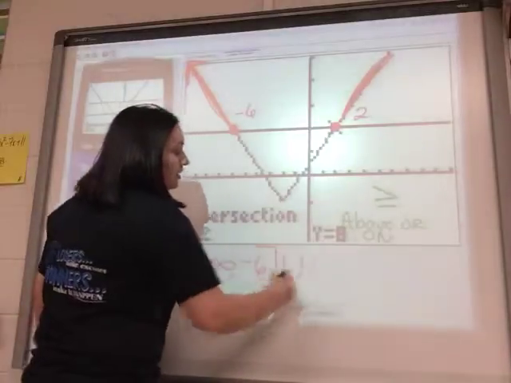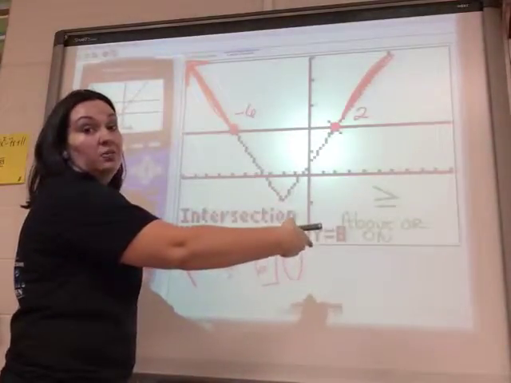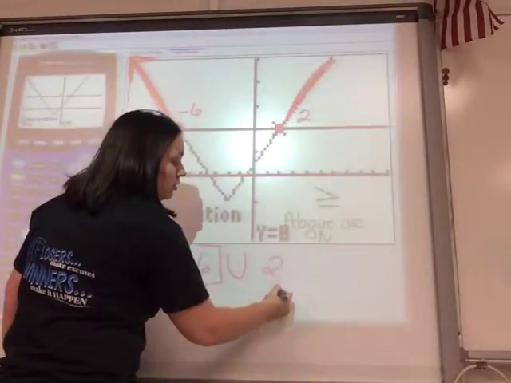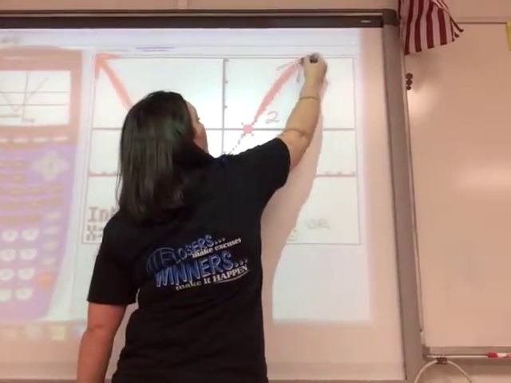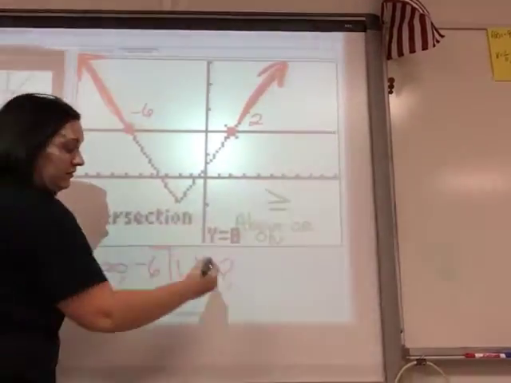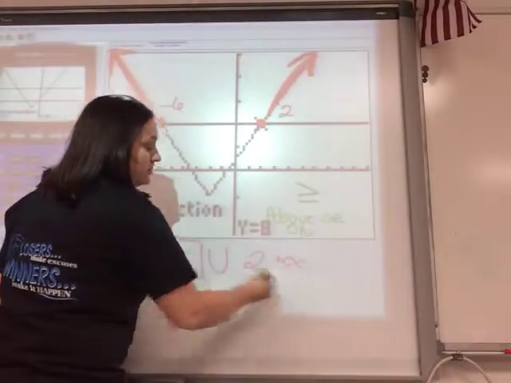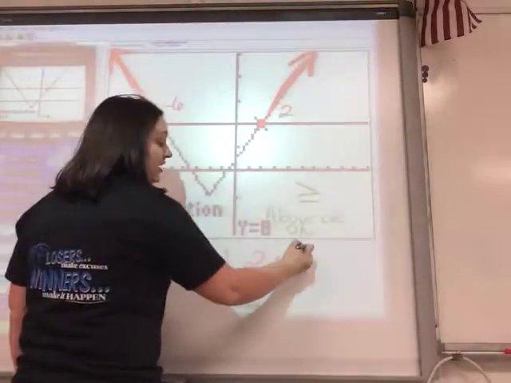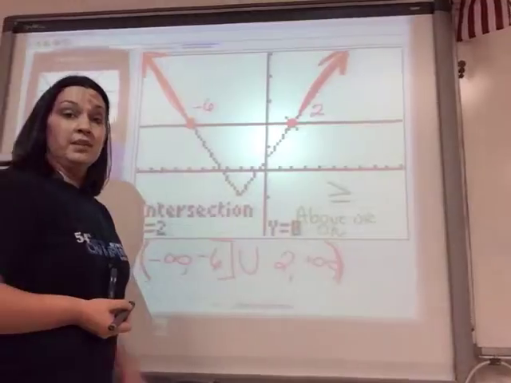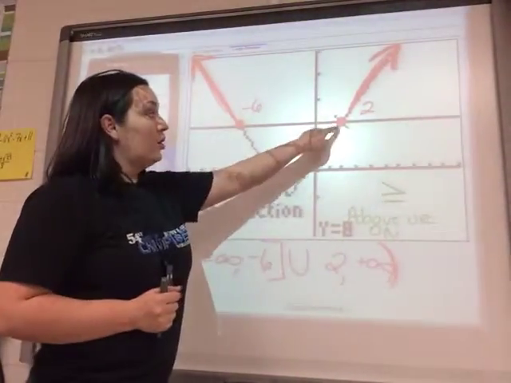We're going to union that with the other piece. It starts at 2 and goes all the way over forever and ever in this direction, which we know is going to be a positive infinity. So it looks like that. We know infinity we can never include. It's not definite, so it's a parenthesis. But my 2 is on the line.